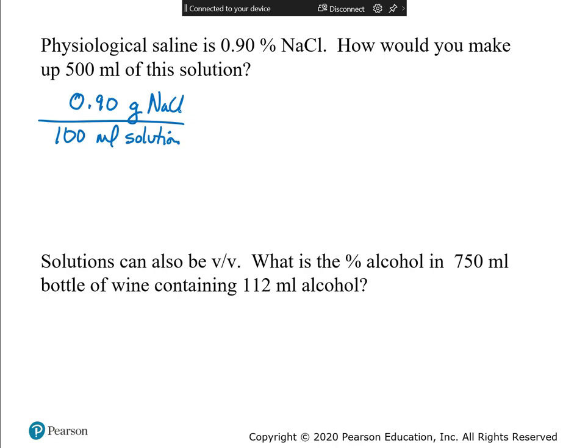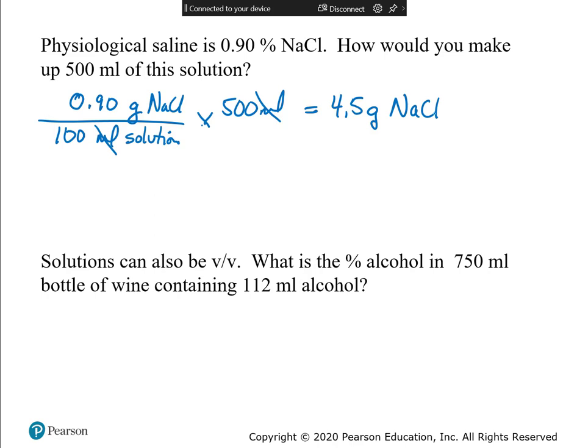Now I have to multiply it times 500 mils. So mils and mils will cancel. 0.90 times 500 divided by 100 comes out as 4.5. 4.5 grams of NaCl, because that's the only unit left.